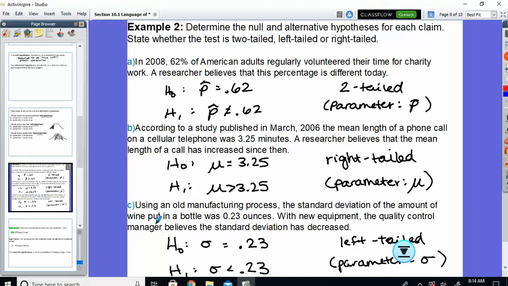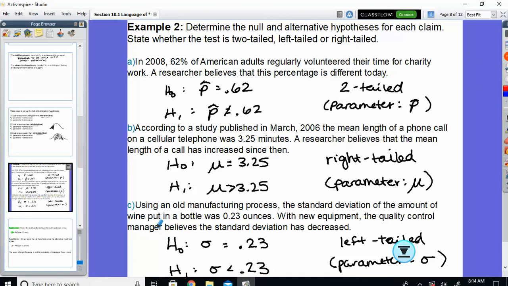It would be like me going to this manufacturing example and doing my process and saying, okay, the standard deviation is no longer 0.23. And so I reject that, but I was wrong. It really is. So type 1 is when you reject the null, you think it's not true anymore, but it actually is.